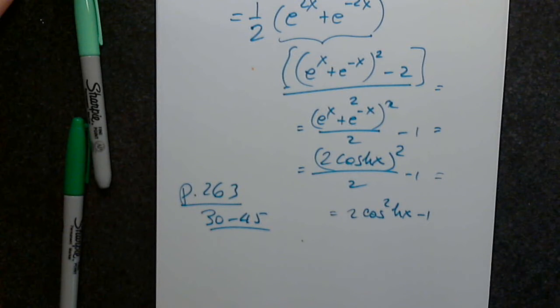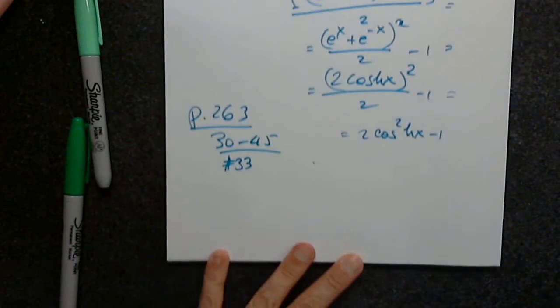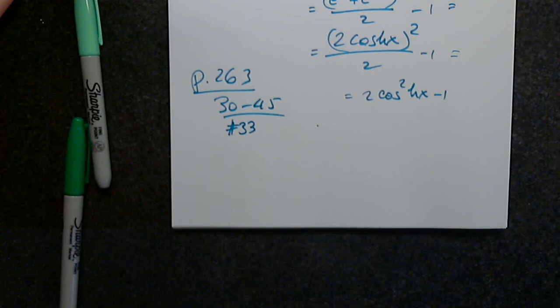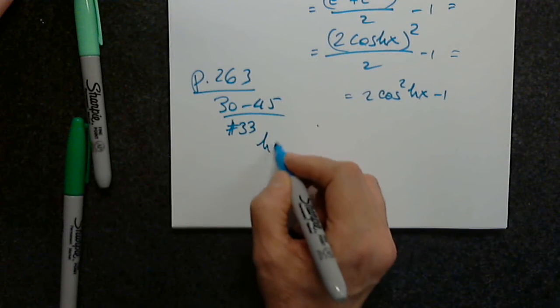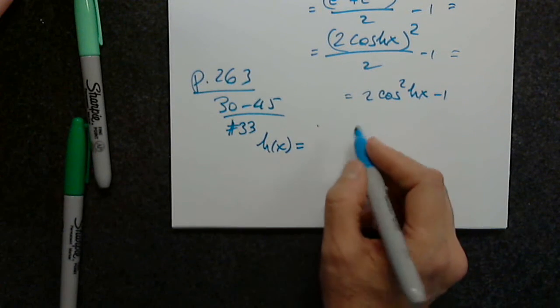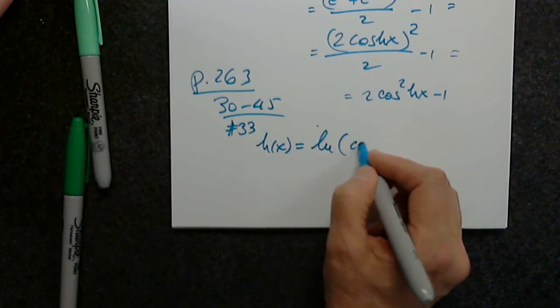Let me select the first one, and then you'll select the next. What about 33? In 33, we have hyperbolic sine, natural log of hyperbolic cosine.